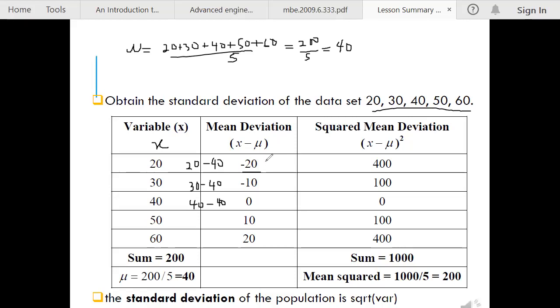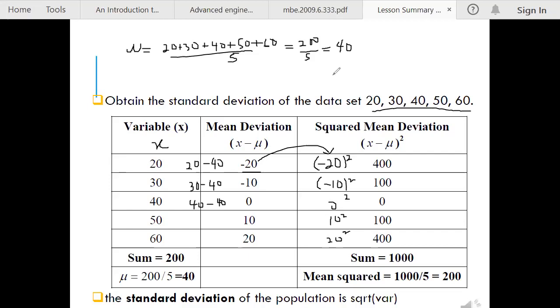After that, we square these values. We're just squaring the values here: negative 20 squared, negative 10 squared, 0 squared, 10 squared, and 20 squared.